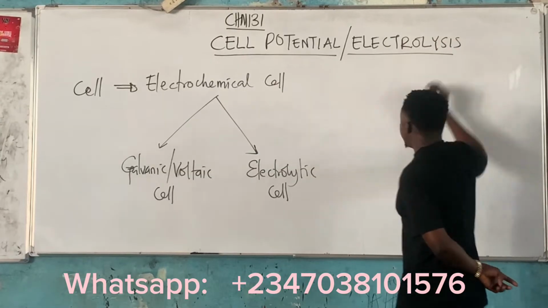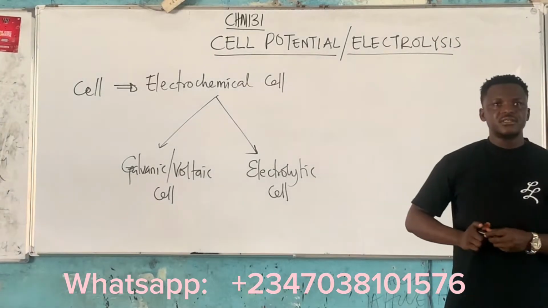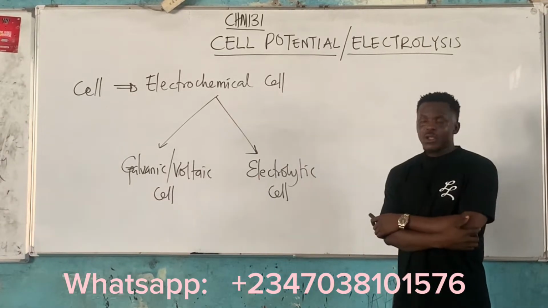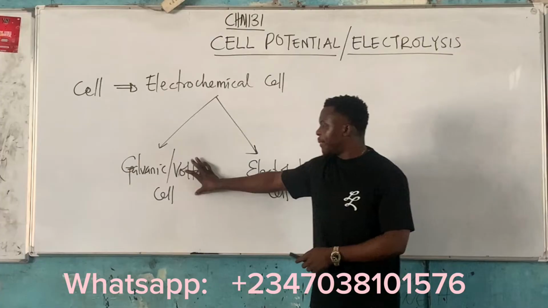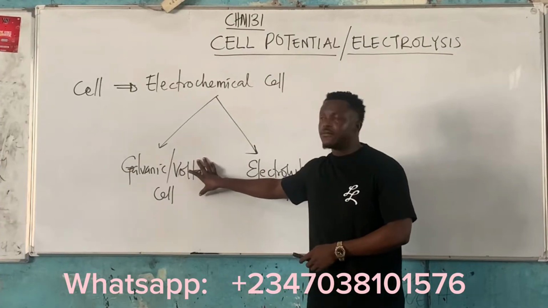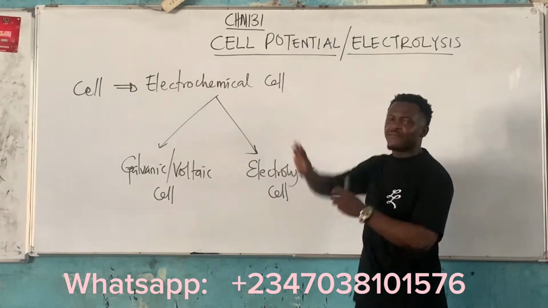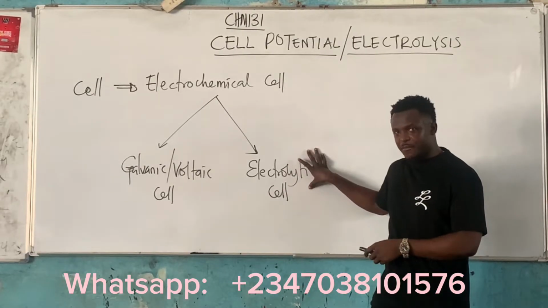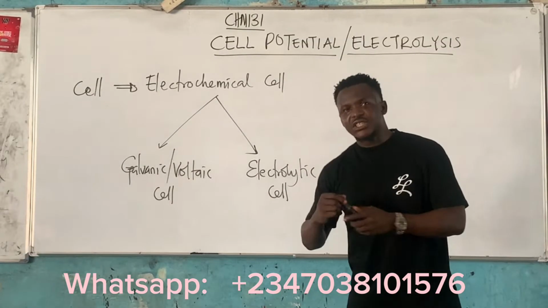I want us to see the two common calculations that are predominant under these two types of cells. Like I said, when we talk about galvanic cell or voltaic cell, we talk about cell potential. We have no business with cell potential if we're talking about an electrolytic cell. Now let me explain what cell potential means.